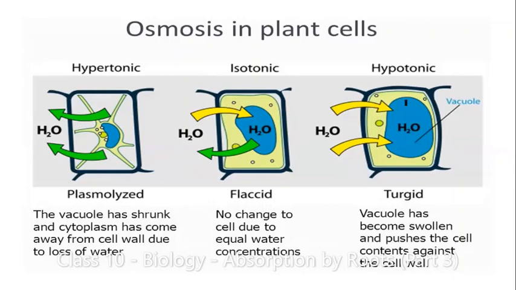And if we put in a hypotonic solution where the concentration of water molecule is more, so water will enter the cell and the cell will get swollen up and it will become turgid. So hypertonic causes plasmolysis. Isotonic does not change. It will still remain flaccid. And in hypotonic solution, the cell will gain water by endosmosis and it will become turgid.